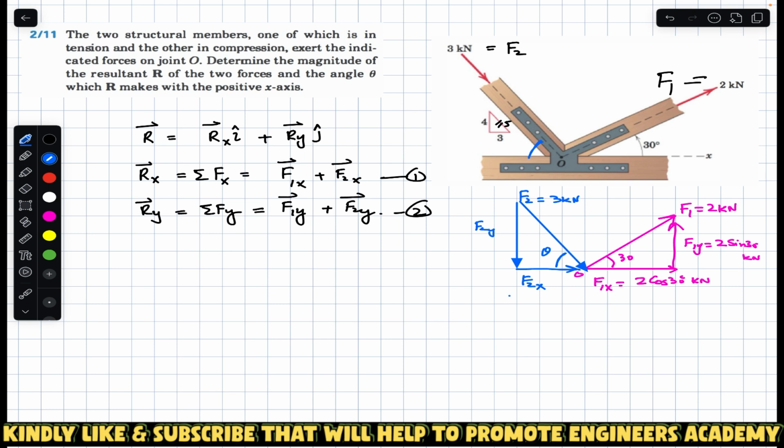So we can say that f2x will be 3 cos of theta and f2y will be 3 sine of theta.